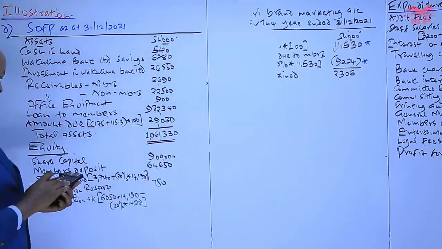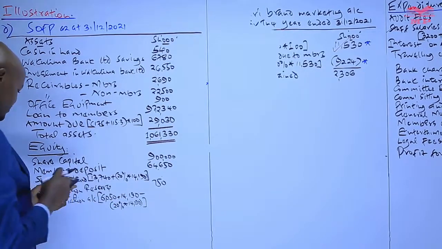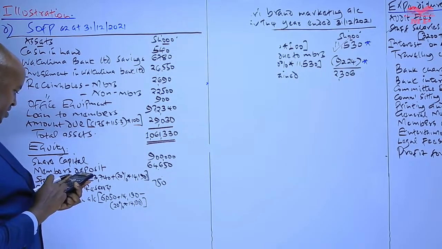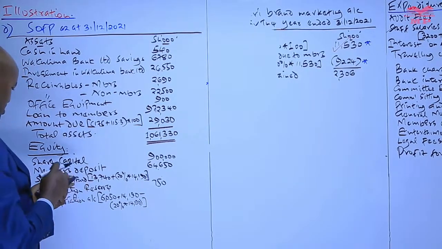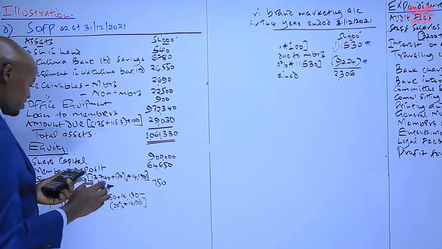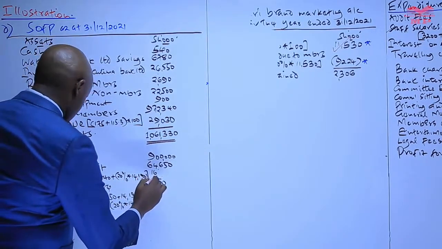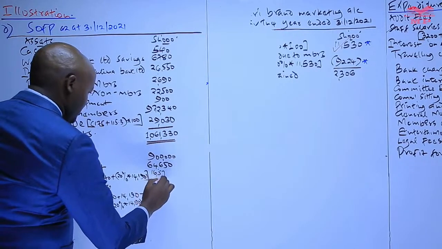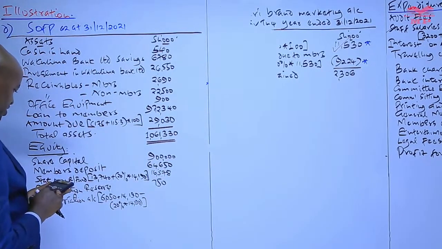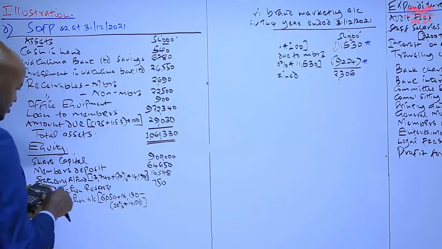So let's first of all get 20% of 14,190 plus 13,740. That will give us 16,578. What about the appropriation account balance?